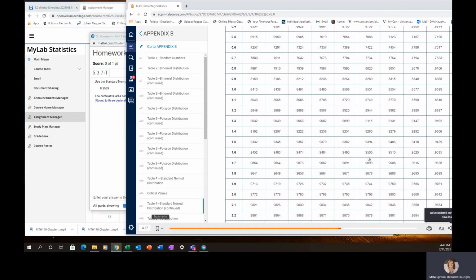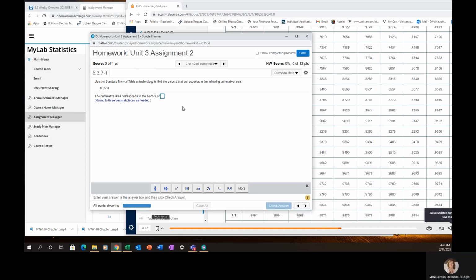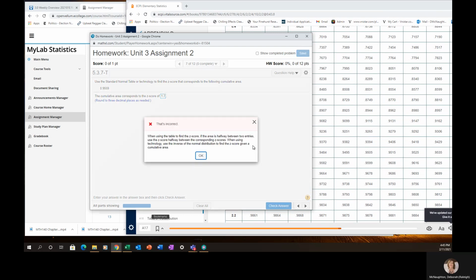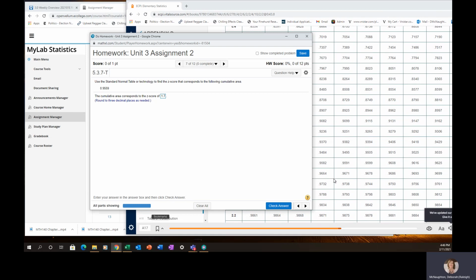Okay, there is no 0.9559, but the closest ones are these two. If it's halfway between, then it wants us to take the mean. So this is why I don't really like using the tables.